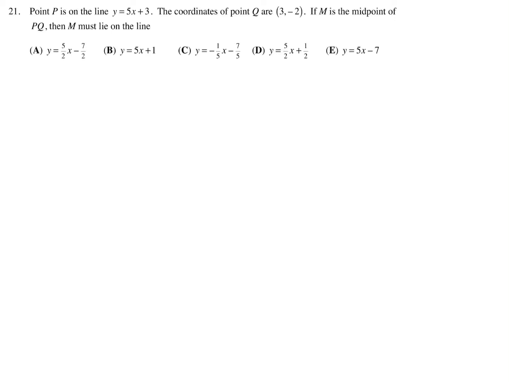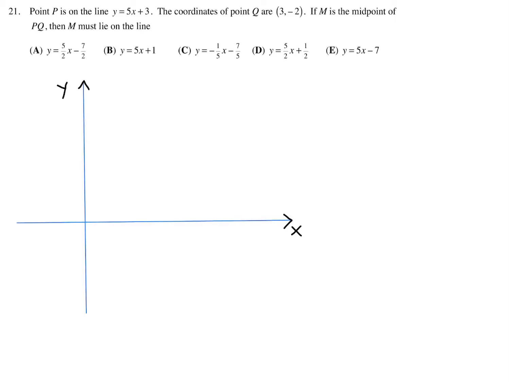So let's draw a little graph for ourselves and see what this question is all about. So we've got x here, y here, and we've got this line y is equal to 5x plus 3.